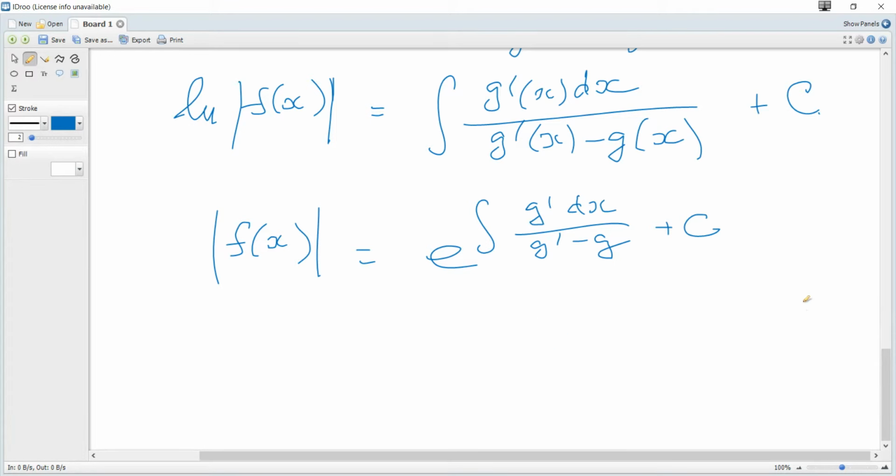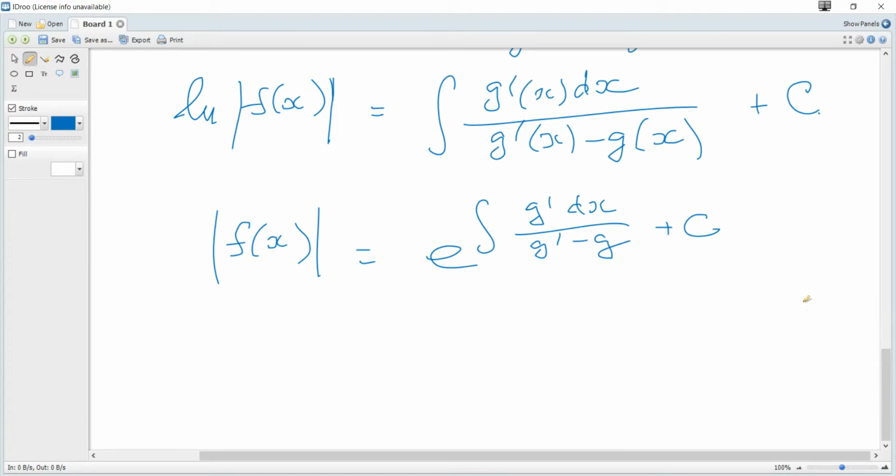And if you don't know whether the function is positive or negative, this constant will take it into account, positive or negative. If f is positive, we can rewrite it like a. If f is negative, it will be something like a negative constant, but it's just another constant, so it doesn't matter in general whether f is positive or negative. We can rewrite it as just f of x is some constant times e to the power of the integral of g derivative over g, dx.